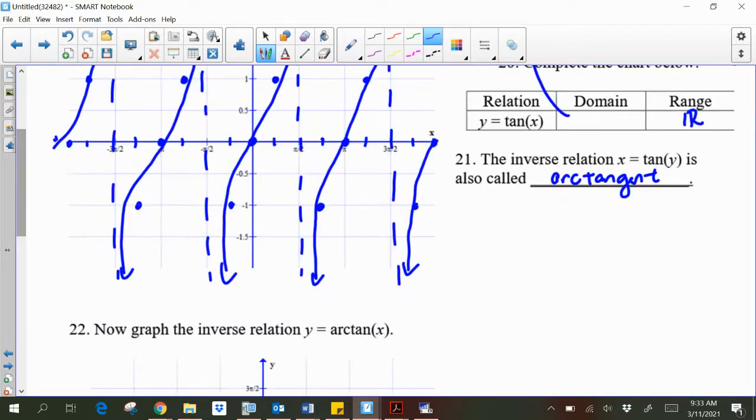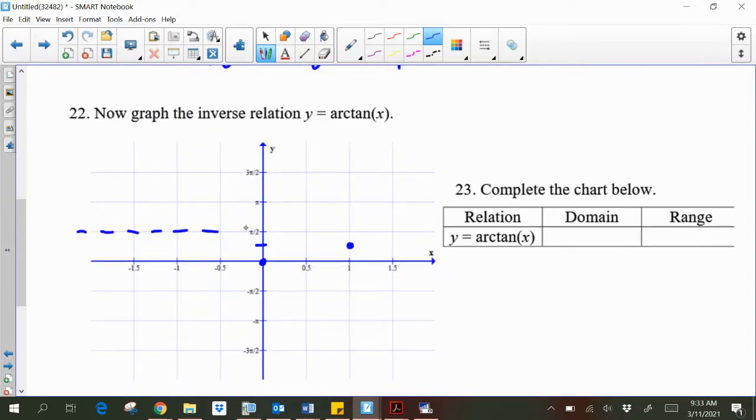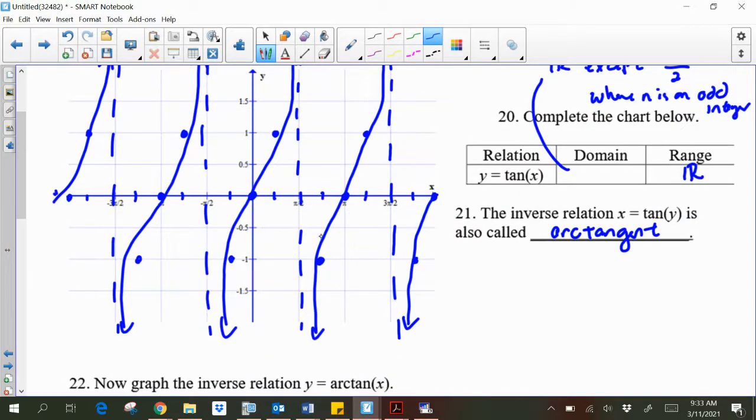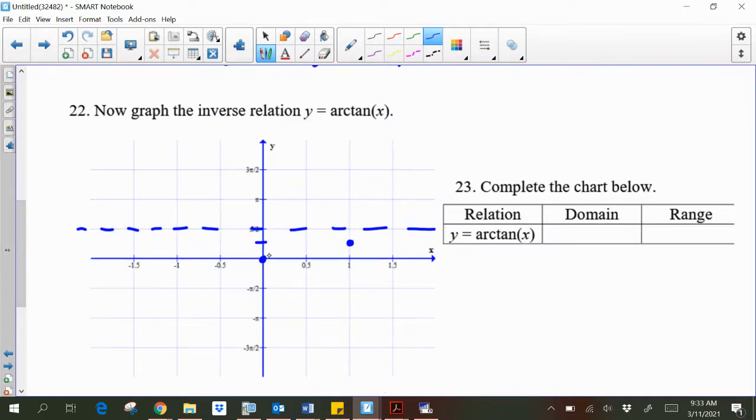There was an asymptote at pi over 2, so that means there's going to be a horizontal asymptote at pi over 2. Then at 3 pi over 4, it was negative 1. So it means negative 1, 3 pi over 4. And again, it starts repeating. But if you're not careful, you'll do this wrong. So this goes this direction.